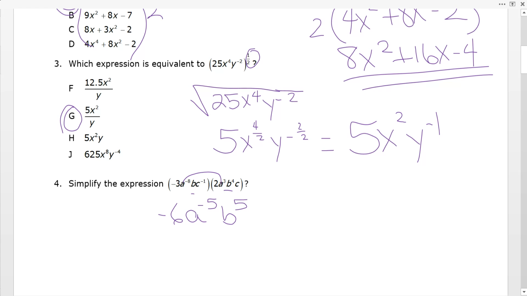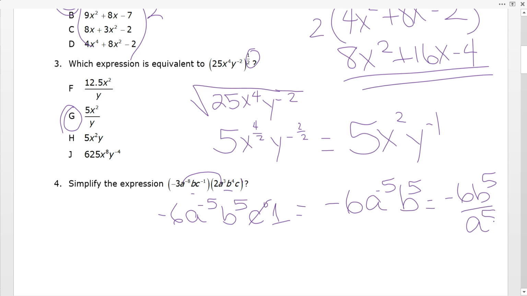And then my c's, I have a negative 1c and a 1c, basically. So negative 1 plus 1 is going to be 0, which really makes this a 1. So my answer is going to be negative 6, a to the negative 5, b to the 5th, or negative 6, b to the 5th over a to the 5th.